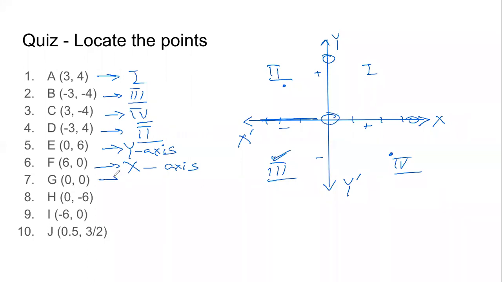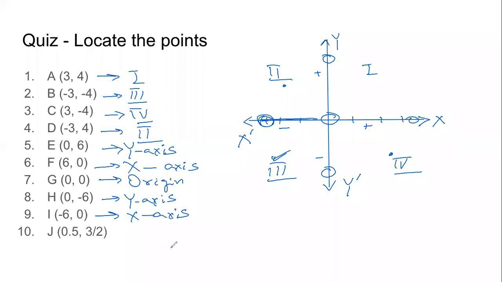So it is on the origin. You can also say it is at the intersection of the x and y axes. H (0, -6), it will be somewhere here. So y-axis. I (-6, 0), it is somewhere here. So x-axis.